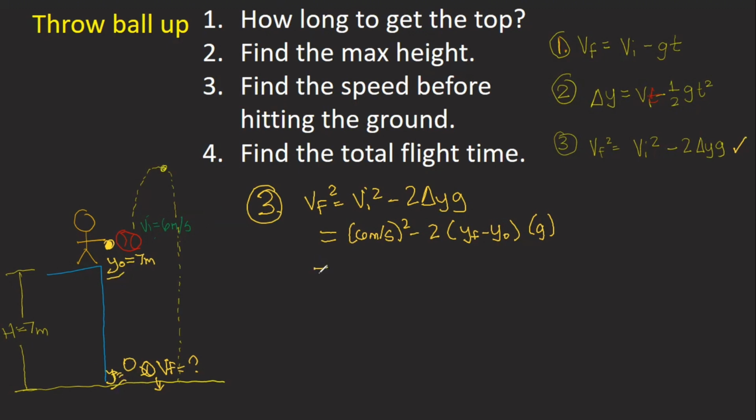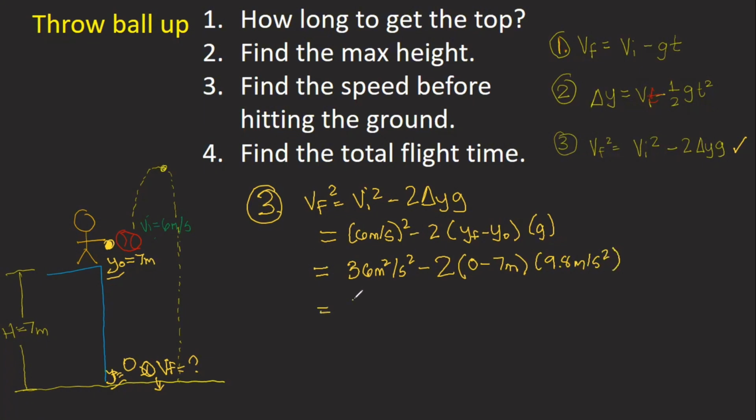So therefore, we have here, let's compute 36 meters squared per second squared, minus 2 times the final position, which is 0, minus 7 meter times 9.8 meter per second squared.